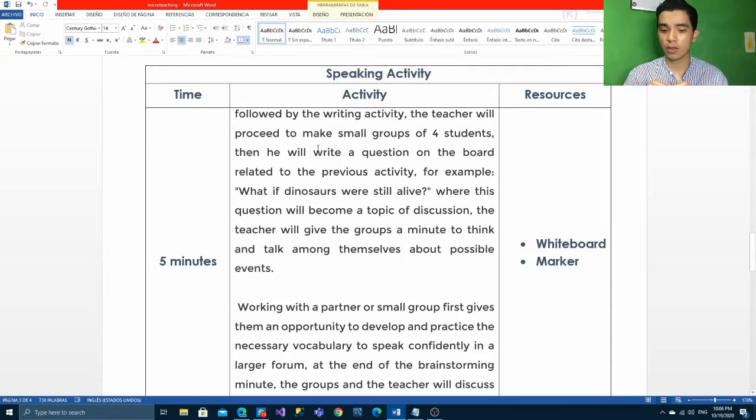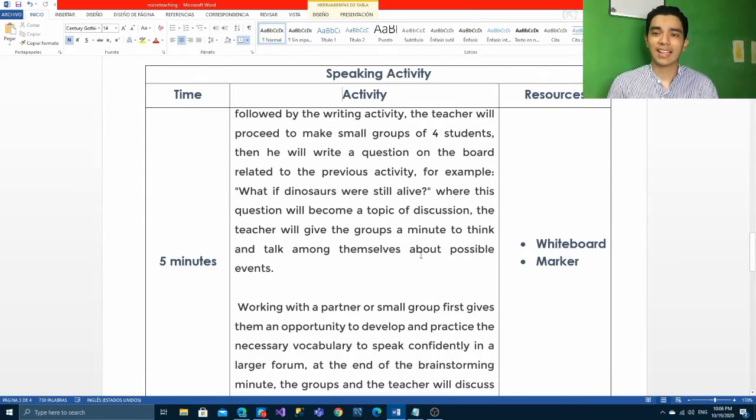This question will become a topic of discussion. The teacher will give the groups a minute to think and talk among themselves about possible events. The duration of this activity is 5 minutes, and the resources implemented were the whiteboard and the marker.